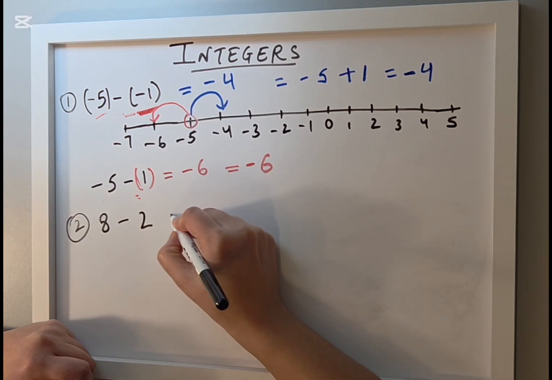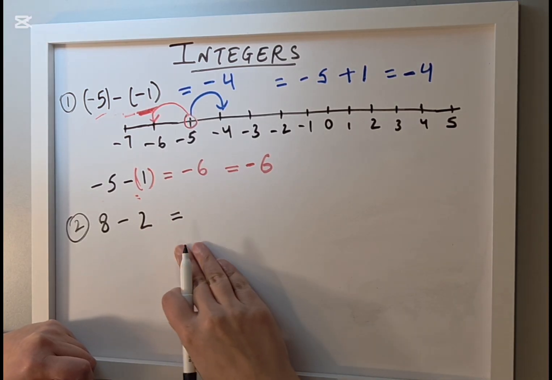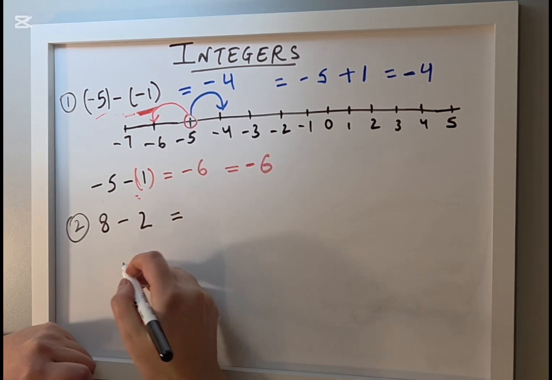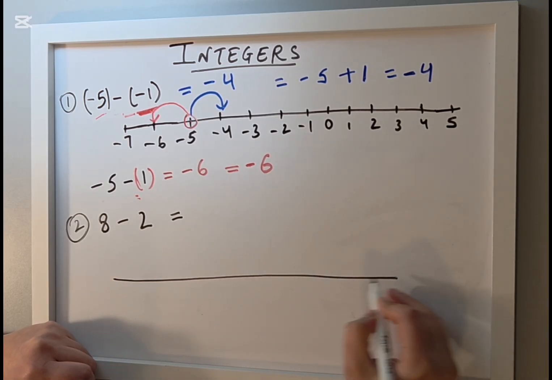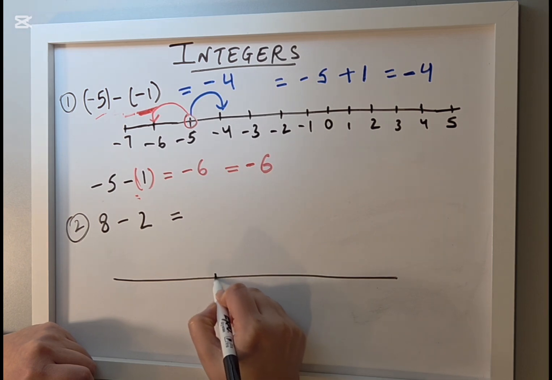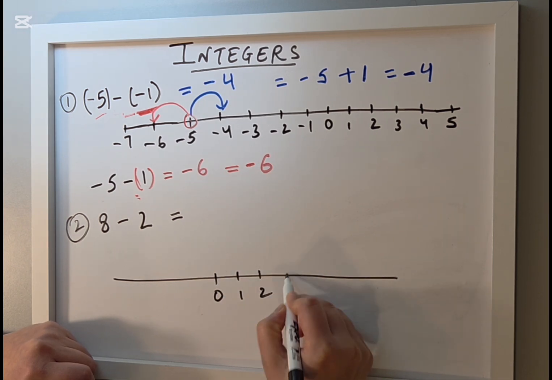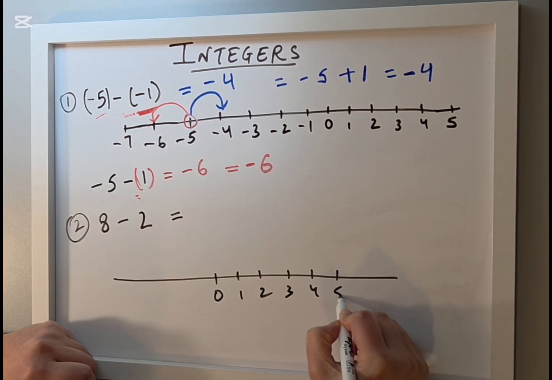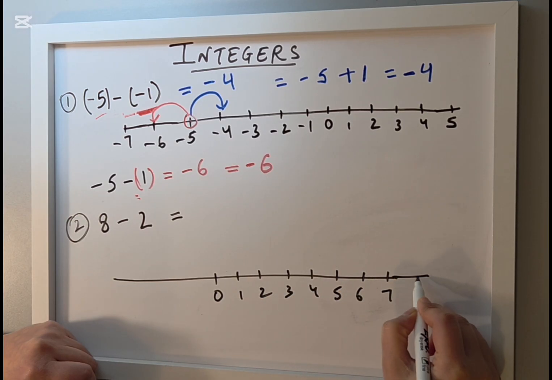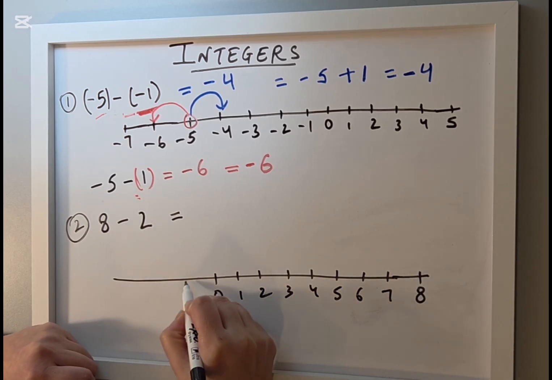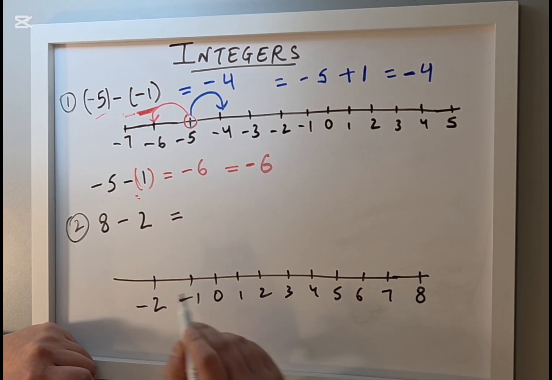So 8 minus 2 with the number line: 1, 2, 3, 4, 5, 6, 7, 8. And here we have minus 1 and minus 2.